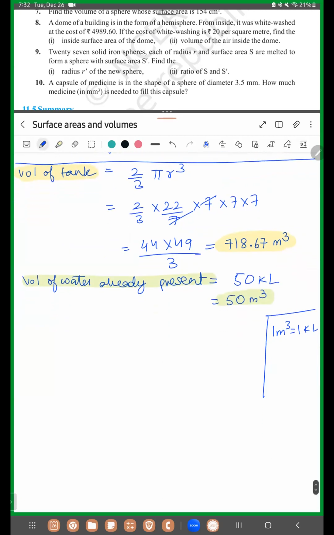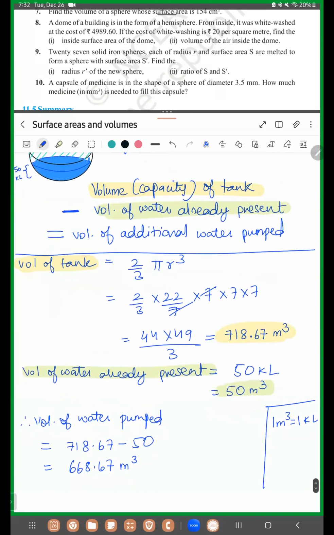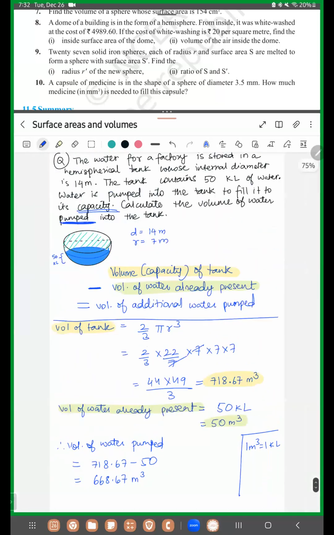So we just subtract them. Therefore, volume of water pumped into it is equal to 718.67 minus 50, which is 668.67 meter cube. Please note this down.